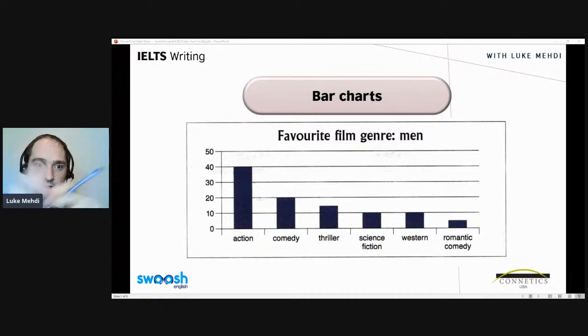Okay, in the actual test, a task like this, we can see the favorite film genre for men. There would probably be another half to this task for women. Might not be, but I would be very surprised. Otherwise, you're going to have trouble writing 150 words. Okay, so we've identified some important vocabulary. We're definitely going to give the maximum, definitely give the minimum.